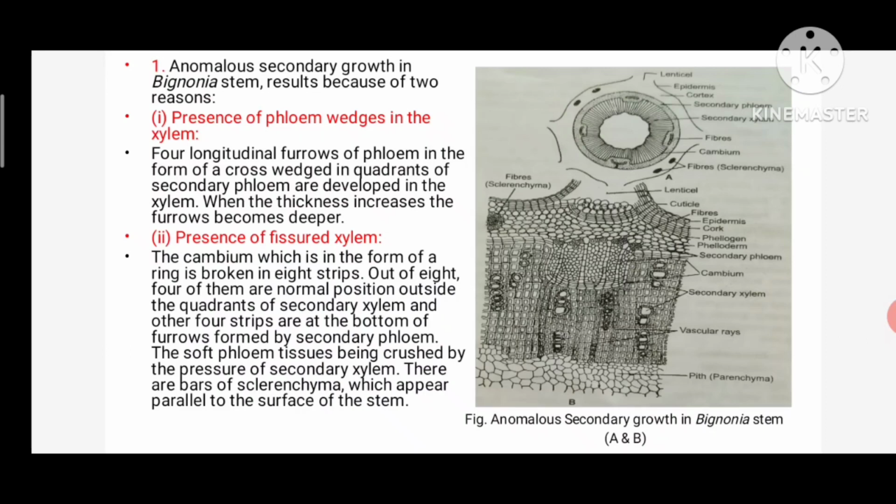The soft phloem tissues are crushed by the pressure of secondary xylem. There are bars of sclerenchyma which appear parallel to the surface of the stem.